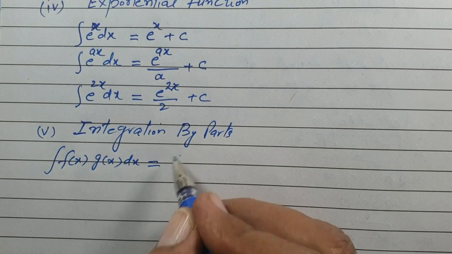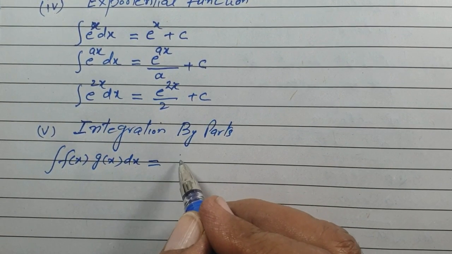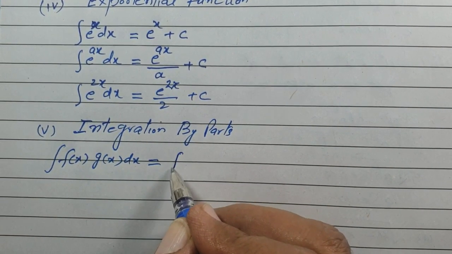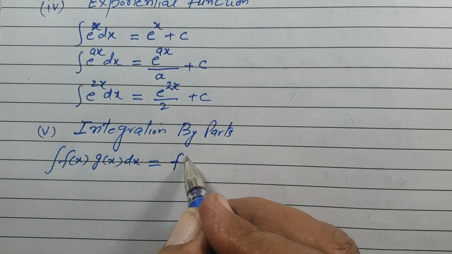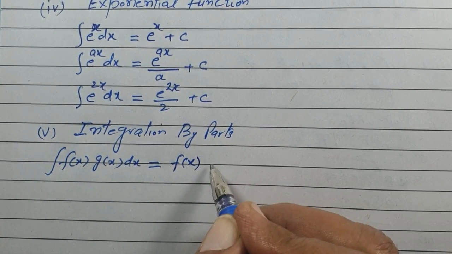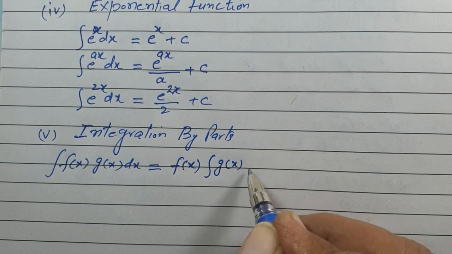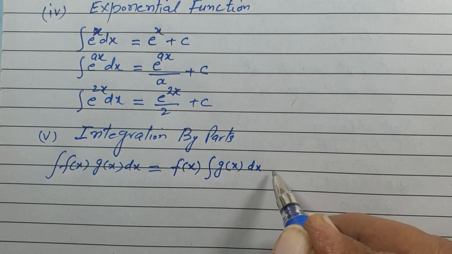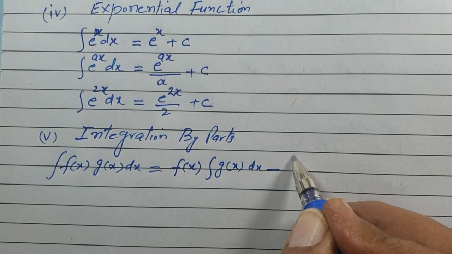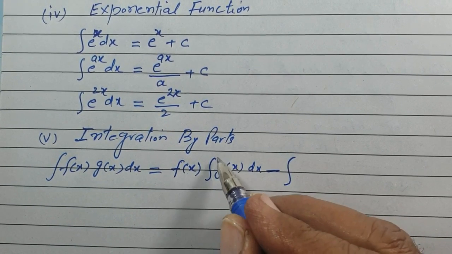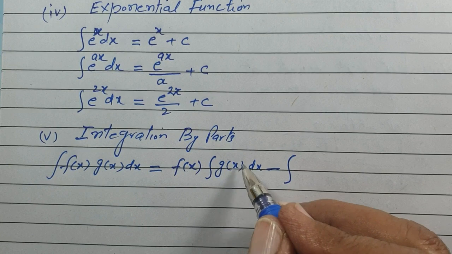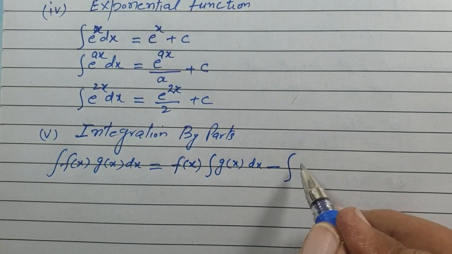We take f(x) as the first function, suppose. Then its evaluation is first function into integral of second function, minus integral of this integrated function. This answer will be written here.